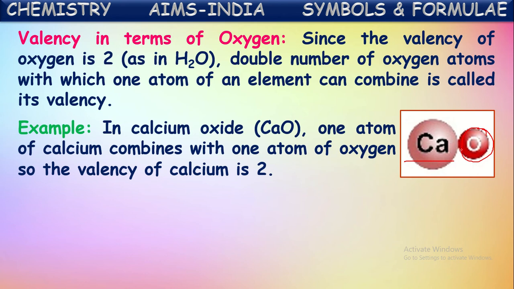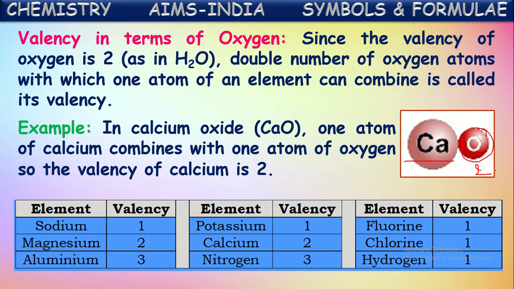So one atom of oxygen is combining, and if you double it, it becomes 2. So the valency of calcium is considered as 2.